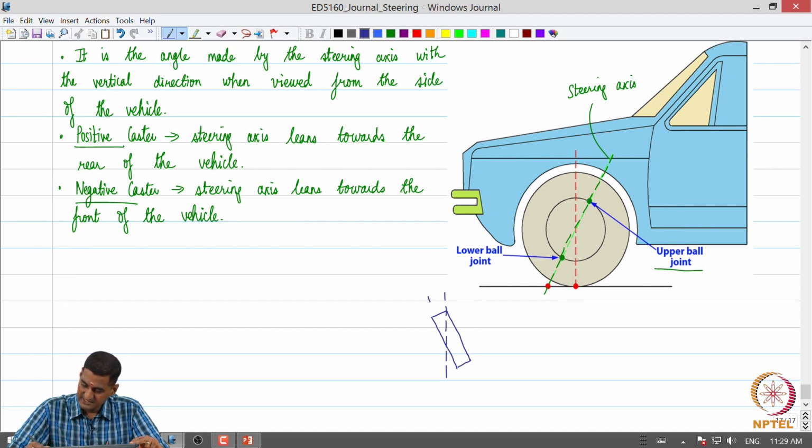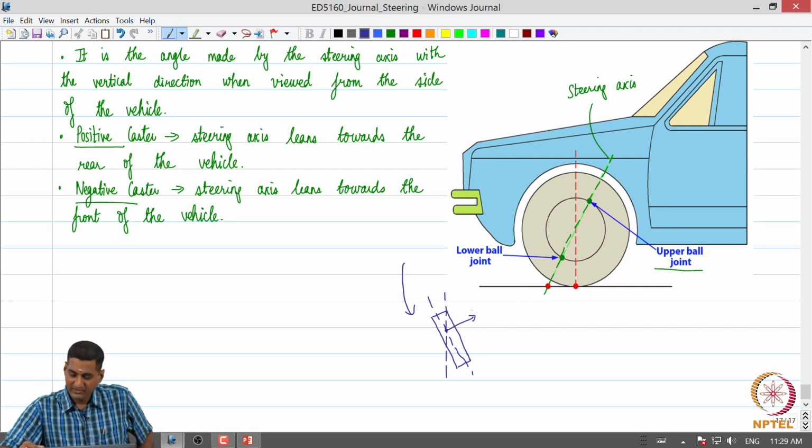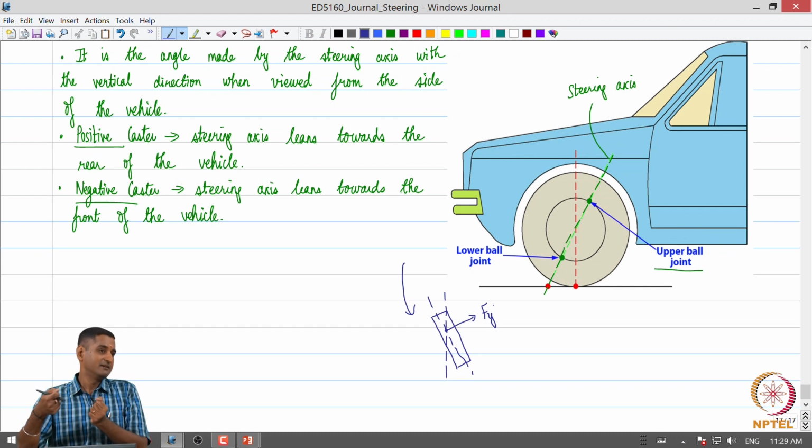So, this is the wheel plane. Since the vehicle is being steered in this way, at the tire road contact, there is going to be a lateral force Fy which is going to pull the vehicle into the turn.